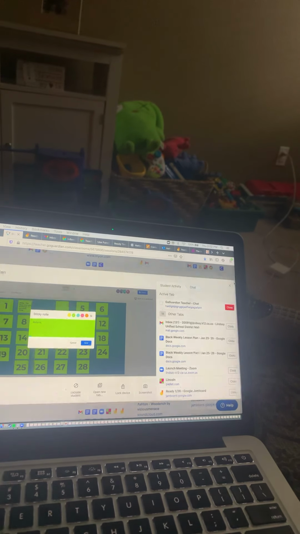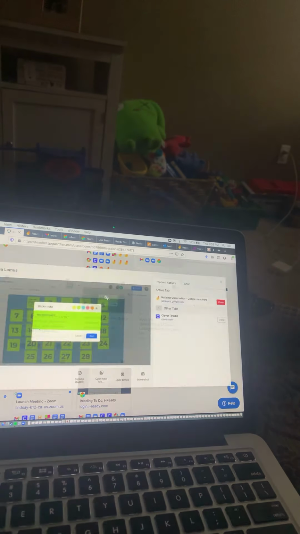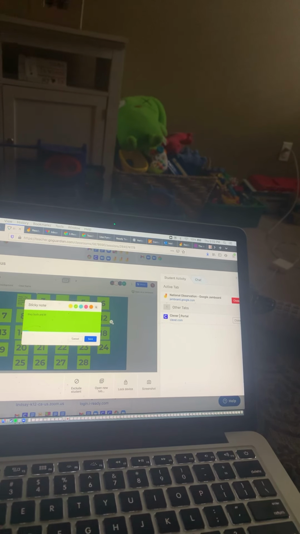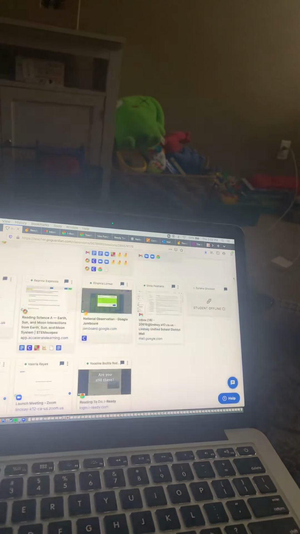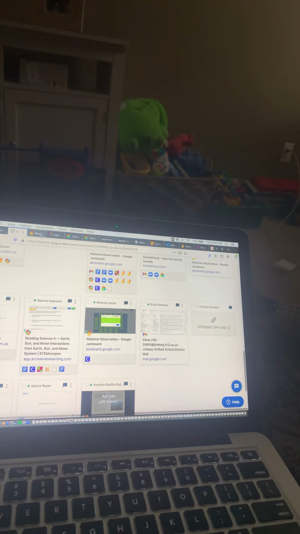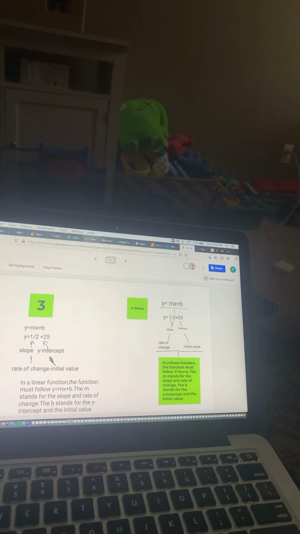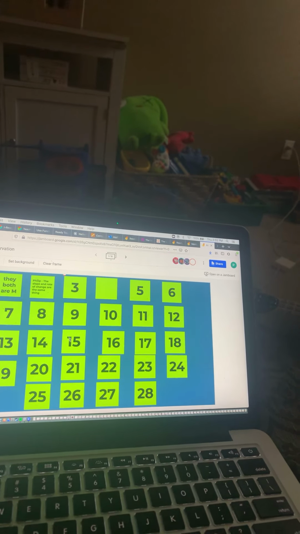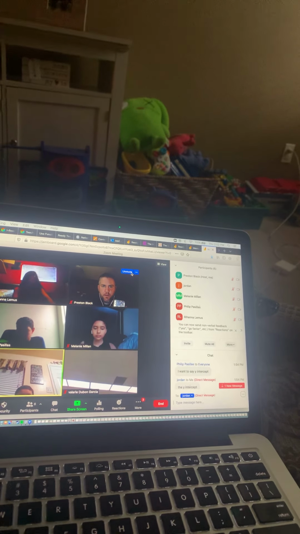Good. So I see Philip, the slope and rate of change are the same thing. They both are m. Very good. That is correct. Good.